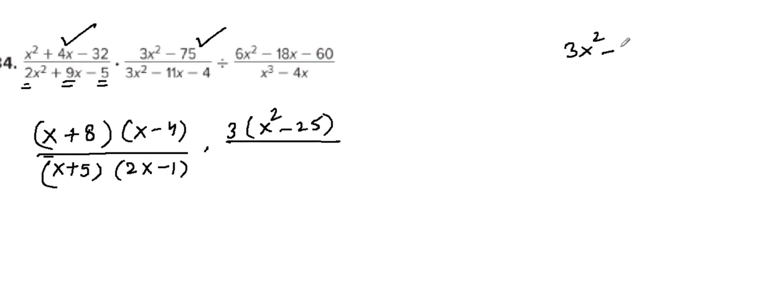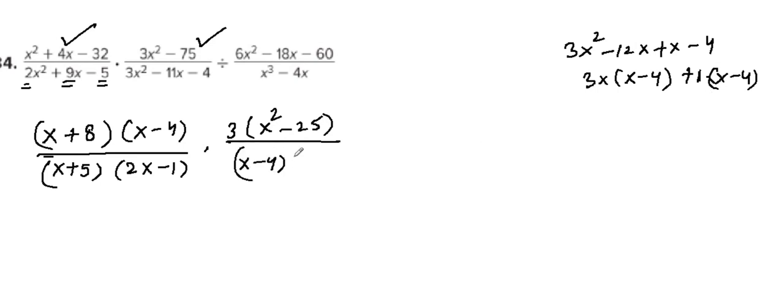So you can take minus 12x plus 1x, or use the calculator. 3x is common, x minus 4, plus 1 is common, x minus 4. So the factors are x minus 4 and 3x plus 1.